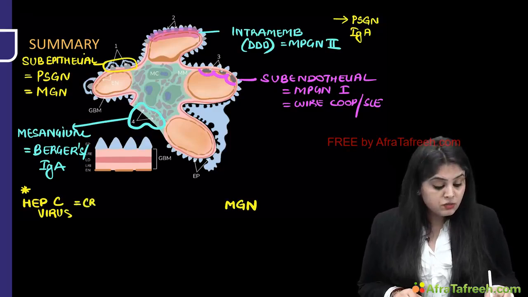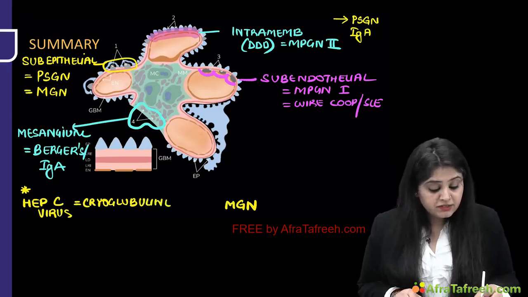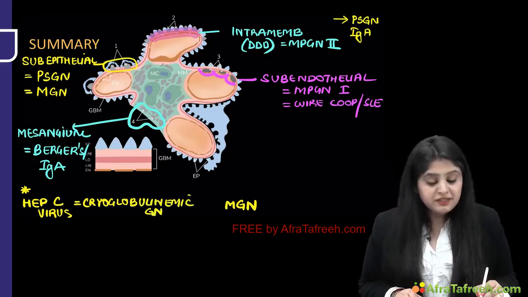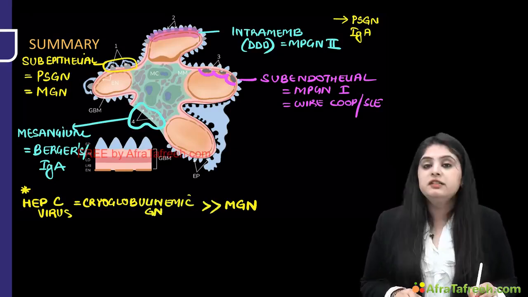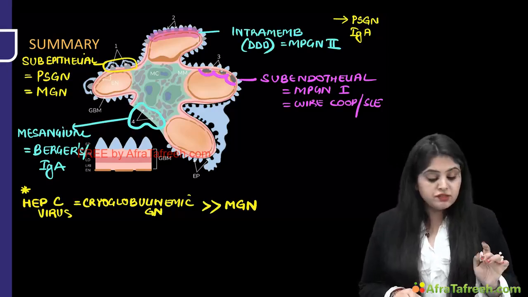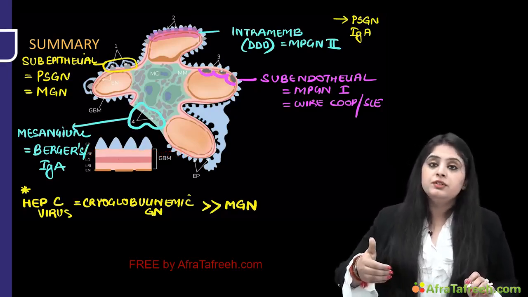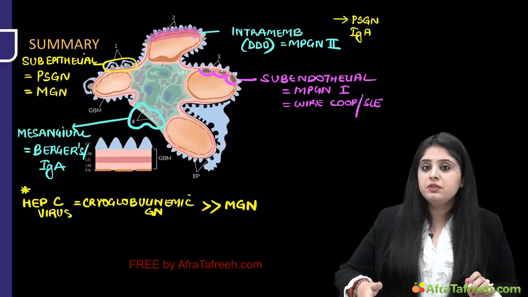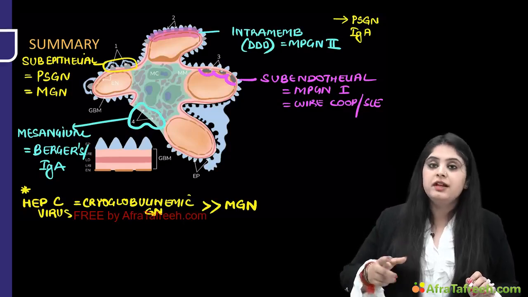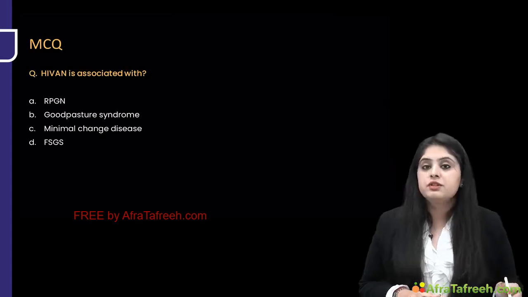But just in case you have cryoglobulinemia, in fact, because HCV is very commonly associated with cryoglobulinemia, then this is obviously a more common kidney problem with hepatitis C than membranous. This is just another summary that I'm telling you. So if they say HCV is associated with cryoglobulinemia and glomerulonephropathy, and then MGN is also there, select cryo over MGN. With all these summaries done, I think we are ready for some set of questions.